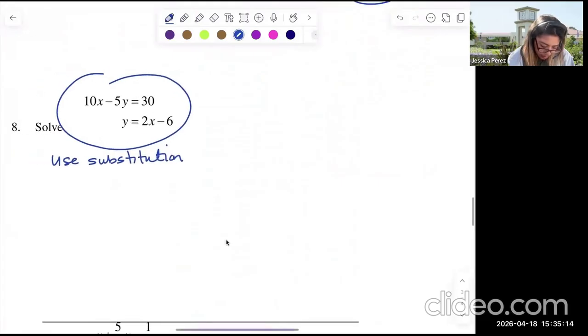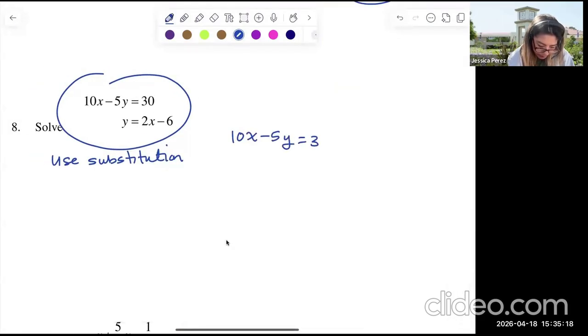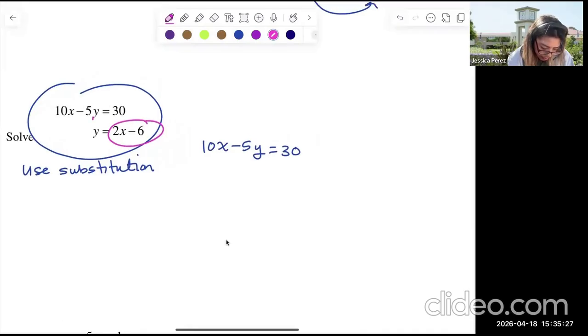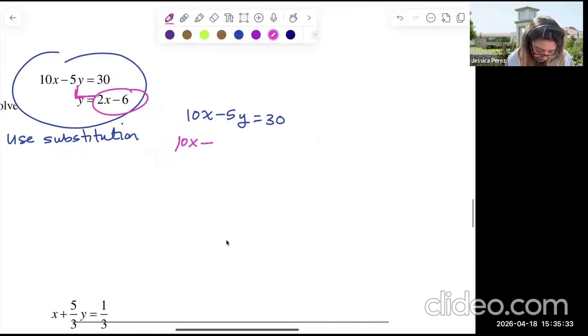So I'm going to substitute. I have 10x minus 5y equal 30. I'm going to substitute this equation into y. So into here. And that's going to be 10x minus 5 times 2x minus 6 is equal to 30.